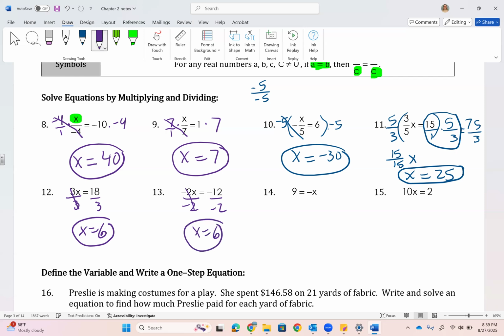To get rid of this one here, if there's just a negative x, you can divide both sides by negative 1. And this last one, we're going to divide both sides by 10 because 10 over 10 is 1. And x is equal to, if you reduce this fraction, you can divide top and bottom by 2. You get 1/5.